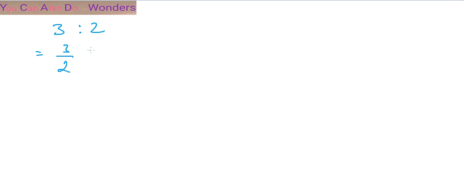See, we know 3/2 is equal to 6/4, which is equal to 30/20 or 15/10.